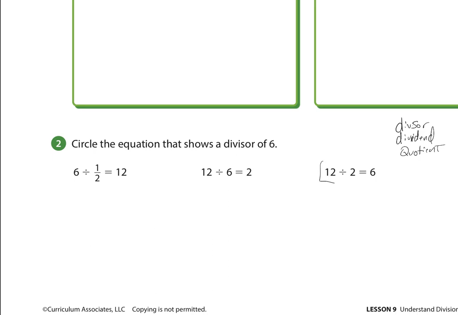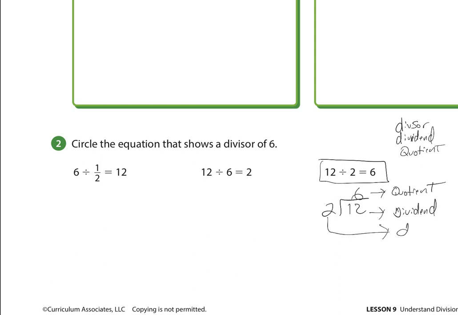Let's just take this problem. This says 12 divided by 2 is 6. Well, most of us know that the quotient is the answer. The dividend is in the house, and the number you're dividing by is your divisor.